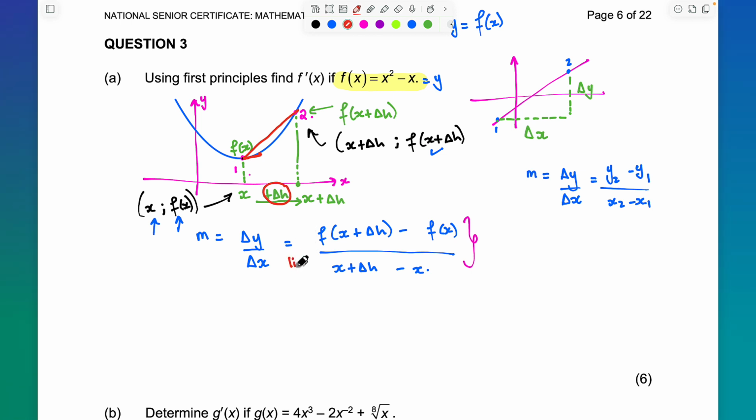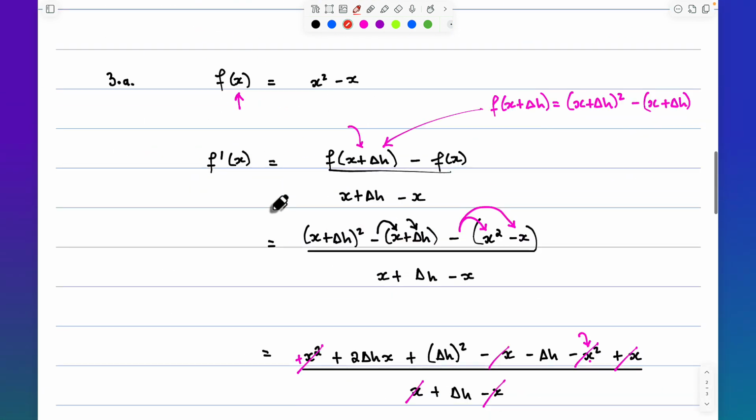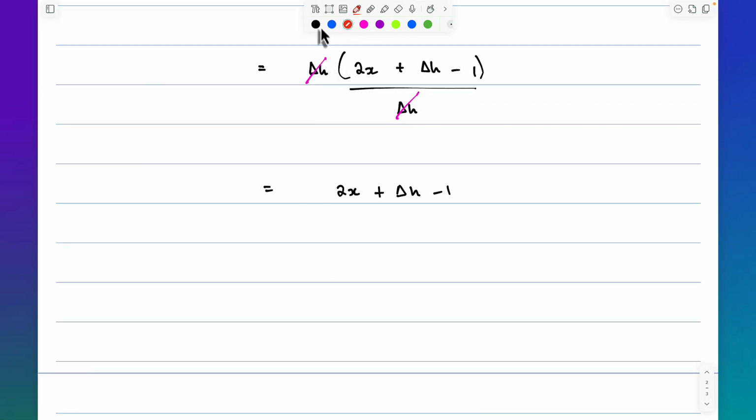So that's where we say we have to limit delta h to zero, right? Delta h tends to zero, which basically says, okay, we've assumed that it's a straight line between 2 points, but let's make sure that delta h is so small that the distance between the 2 points lies on the graph, so that it's not too big of a step and there aren't all these inaccuracies. So going back to our question, if we apply the limit that delta h tends to zero, it means this delta h is so small that it's negligible, which means we can just cancel it out.